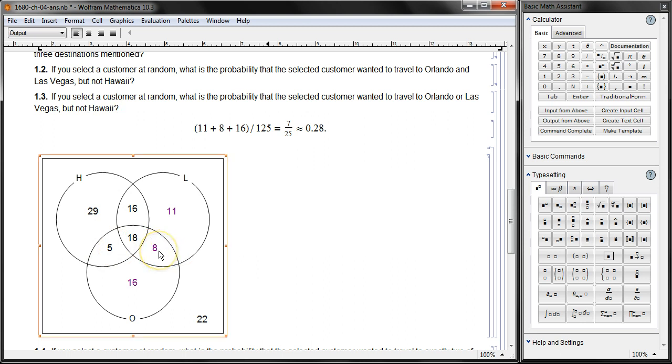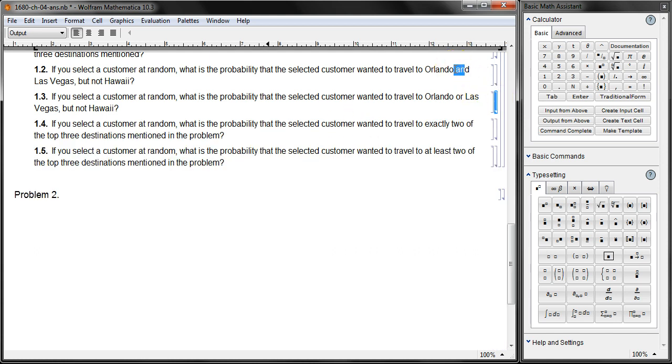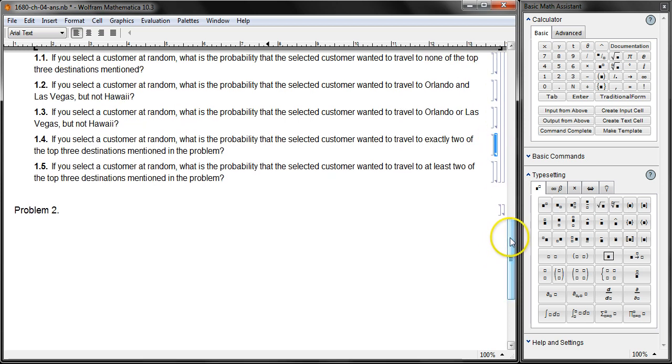We only have the highlighted numbers, this purple and that purple. Adding those purple numbers up and dividing by the total of 125, we get the probability, 0.28. So that's the difference between Orlando and Las Vegas but not Hawaii versus Orlando or Las Vegas but not Hawaii. It's more of a logic than a rule of probability. Critical thinking skill, to be a little bit more precise.